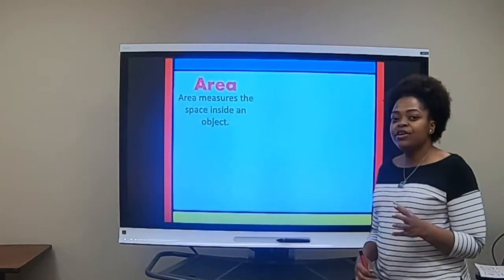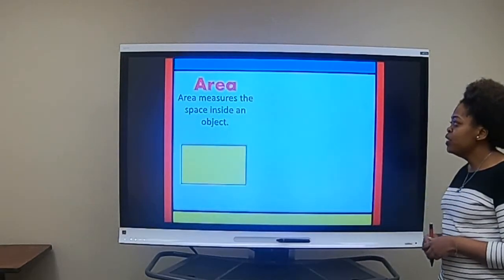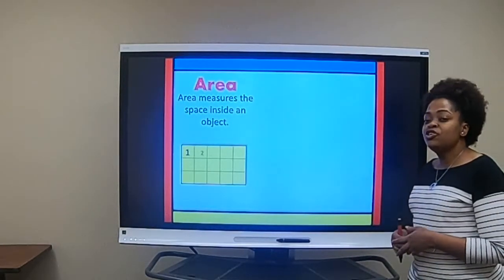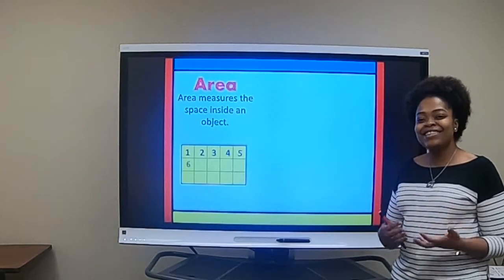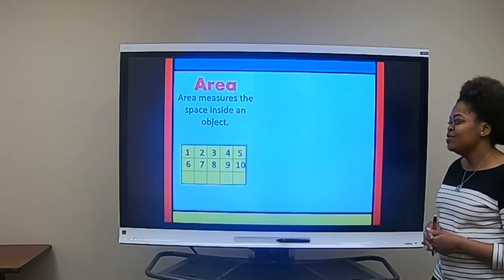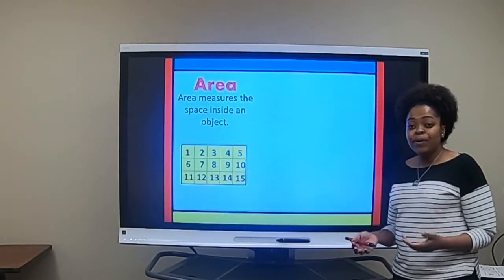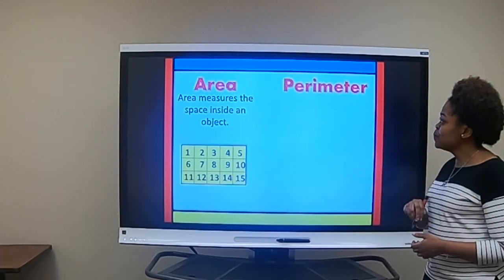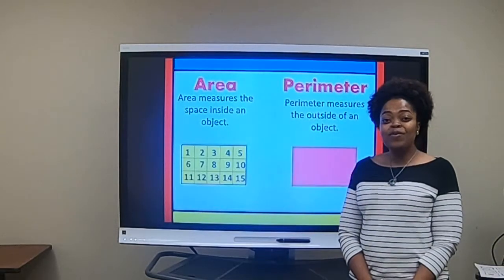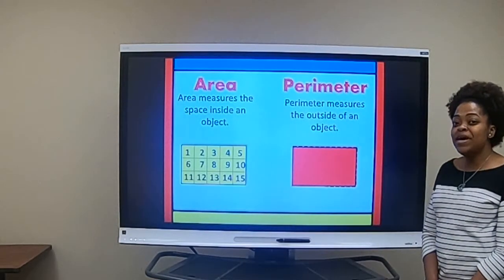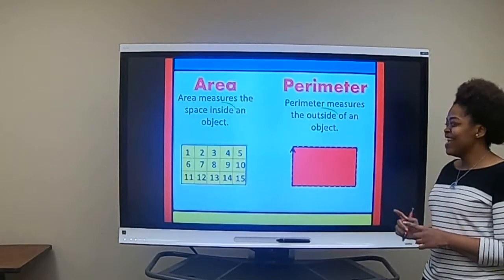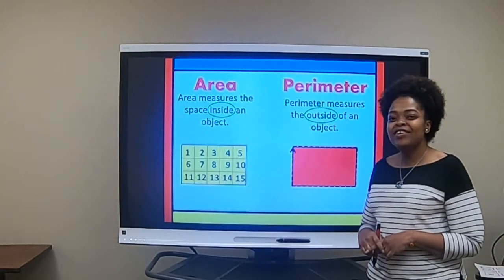Well, as we learned earlier this week, we know that area measures the space inside of an object. Well, what is perimeter? We know that perimeter measures the outside of an object.